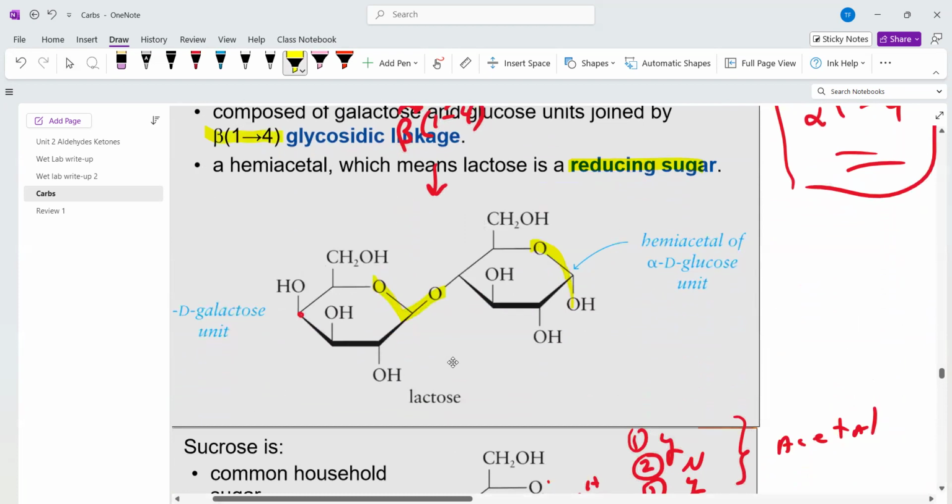We're attaching to the C4 carbon on the glucose, and we're starting on the anomeric carbon number 1 in the beta configuration. So lactose has to have a galactose in the acetal formation attaching to a glucose molecule with a beta 1,4 linkage. Only if it's not a beta, if it's an alpha 1,4 linkage, it's not lactose. If you don't start with galactose, it isn't lactose, etc.